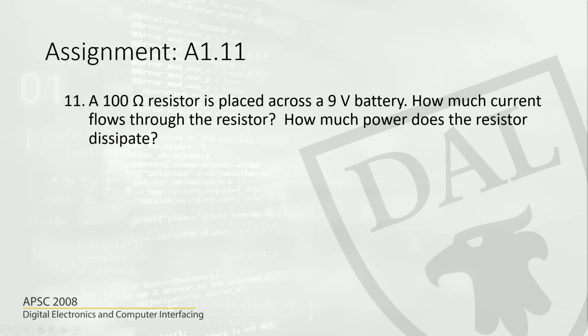So that is resistance in a DC circuit. Things don't change in terms of resistance in an AC circuit, but we will not be dealing in depth with AC circuits in terms of, let's say, inductors and capacitors.